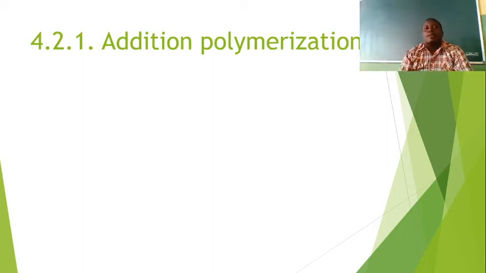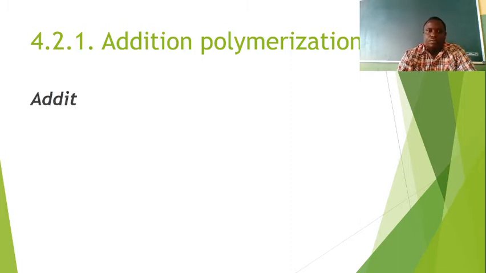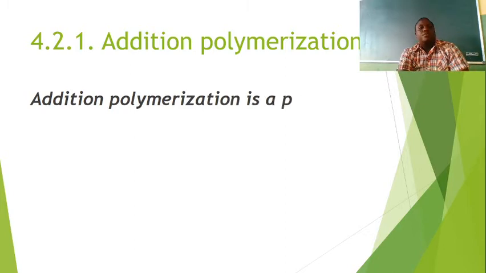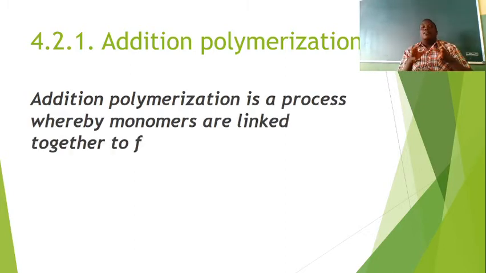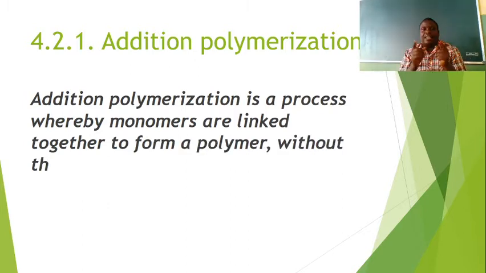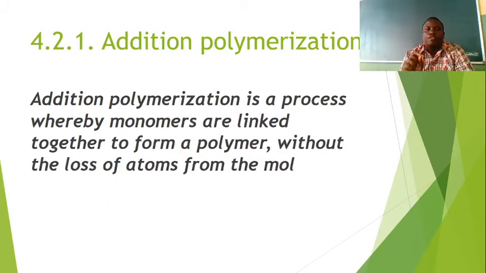The polymers that are products of addition polymerization are called addition polymers, meaning polymers from addition reactions. Addition polymerization is a process whereby monomers are linked together to form a polymer without the loss of atoms from the molecule. You have seen this point in the activity above.